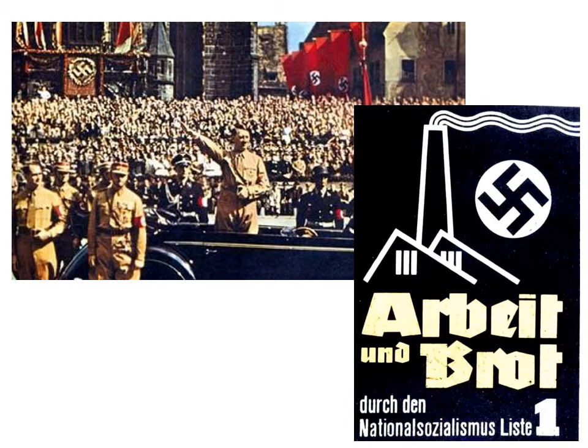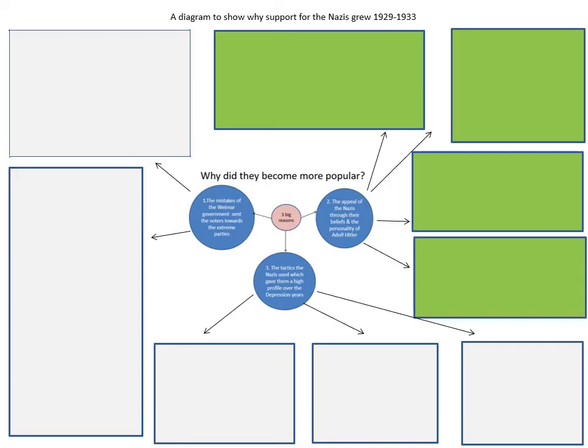Essentially, you vote Nazi, we will get you a job, we will stop your hunger, we will cure the problems in Germany. Nothing complex there. Okay, now you simply need to take those 4 ideas and add them to your mind map, linked to point 2, the appeal of the Nazis.